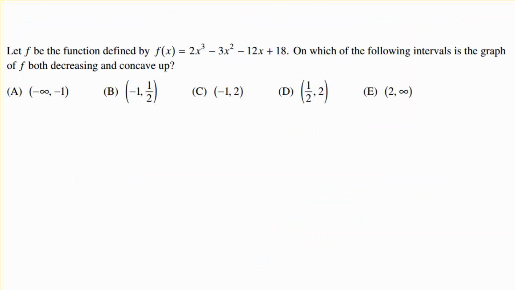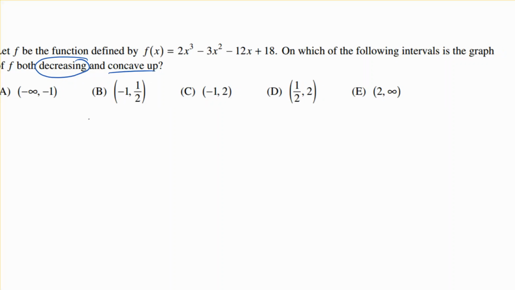Let f be the function defined by f of x equals 2x cubed minus 3x squared minus 12x plus 18. On which of the following intervals is the graph of f both decreasing and concave up? So what are we talking about again? Both derivatives. So let's find the first derivative.